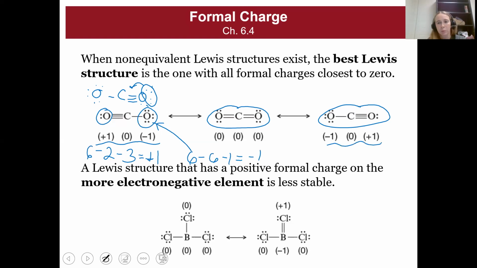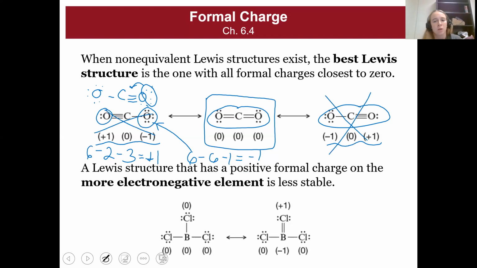And if we put the triple bond on the other side to the other oxygen, we just get the flip-flop version. So both of those have formal charges that are not all 0. But if we draw it this way, we can get formal charges of all 0. So we want the charges to be closest to 0. So this is the best structure for carbon dioxide. These other two are not the correct Lewis structures for carbon dioxide.